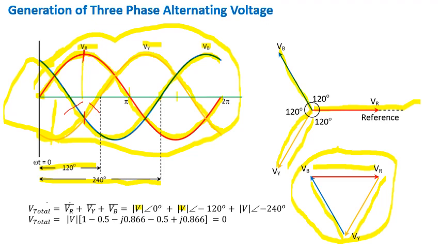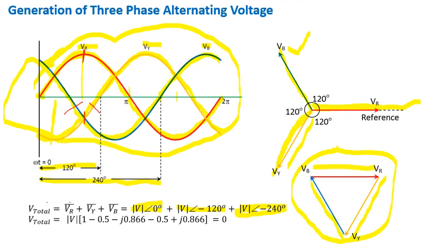So this VR reference can be represented as mod of V at an angle of 0 degrees. Vy can be represented by mod of V at an angle of minus 120 degrees, and B phase voltage is represented by mod of V at an angle of minus 240 degrees.